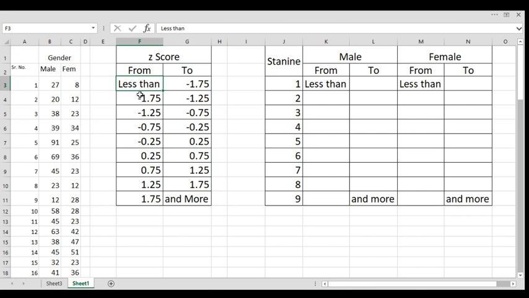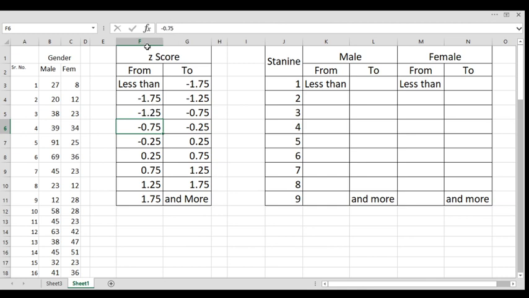So the initial point is not shown here, less than is written, and it is up to minus 1.75. For stanine 2, minus 1.75 to minus 1.25. Then for stanine 3, minus 1.25 to minus 0.75. In this way, the values of the range of all the stanines in terms of Z values are written in particular columns of that Excel sheet.